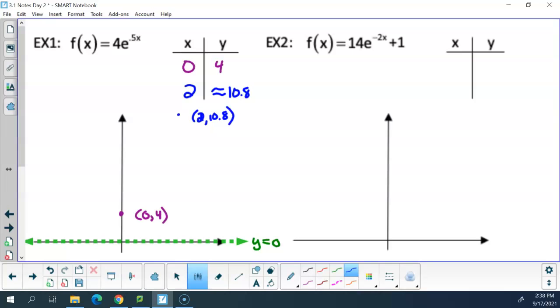Does that fit our model? Because this is a growth, right? Yeah. Does that fit the growth model? Yep.